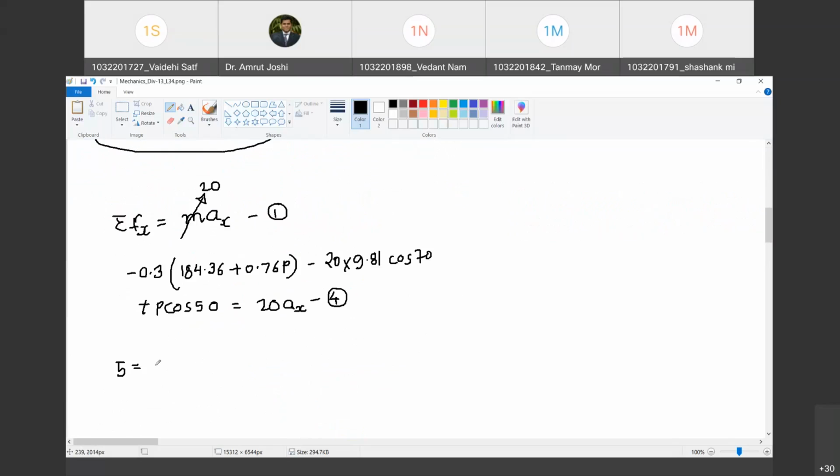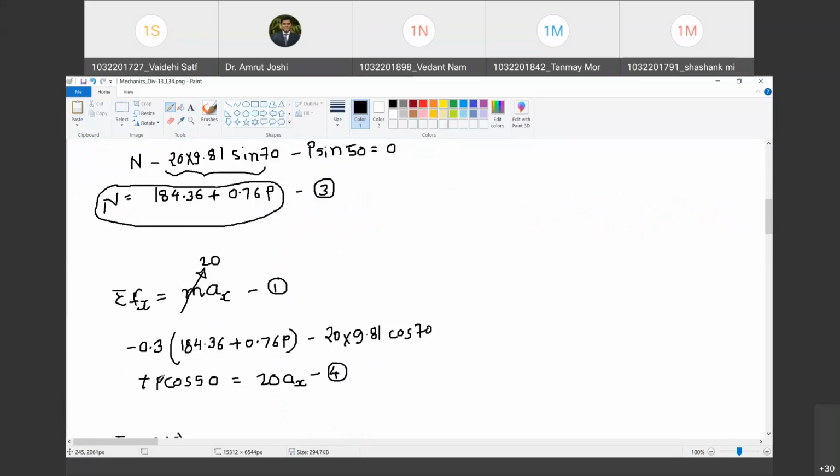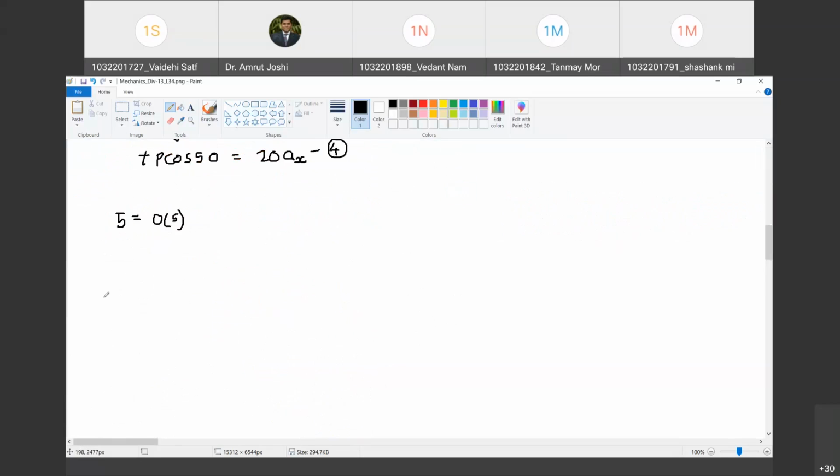So S is equal to UT, that is 0 times T. T is 10 seconds, sorry. S is equal to UT plus half AX into 10 square. Do you agree with me? This is equation number 5.